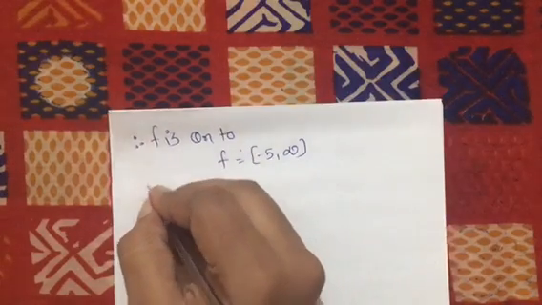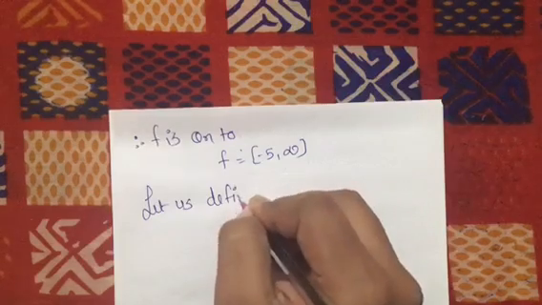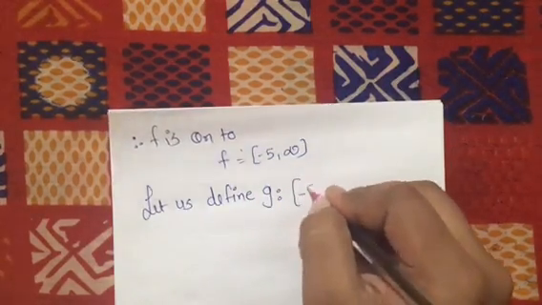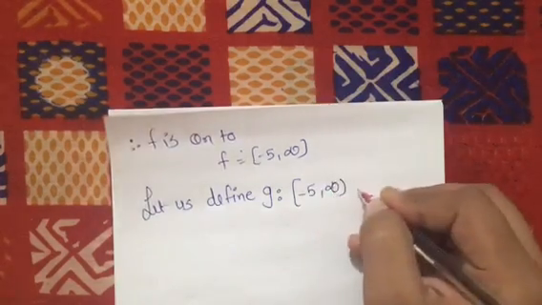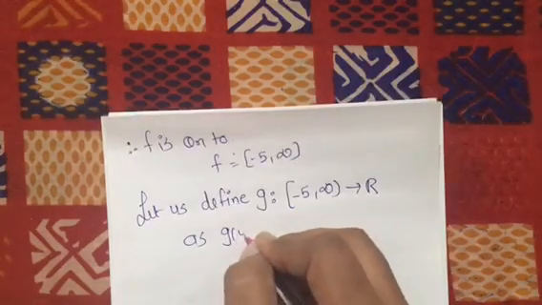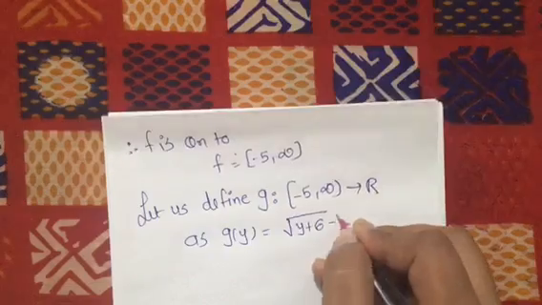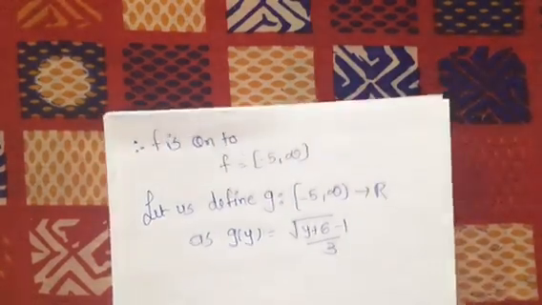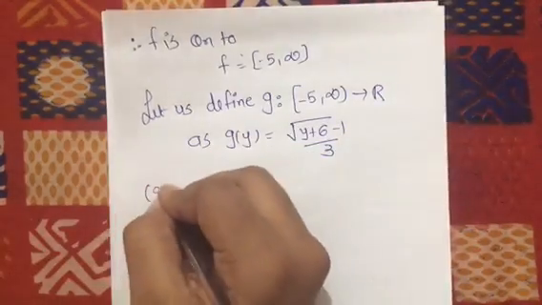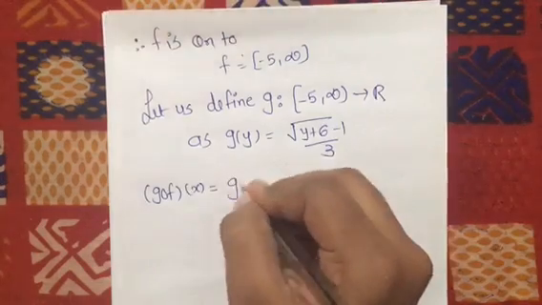Now let us define g from [minus 5, infinity) to R as g of y equals (under root of y plus 6 minus 1) divided by 3.